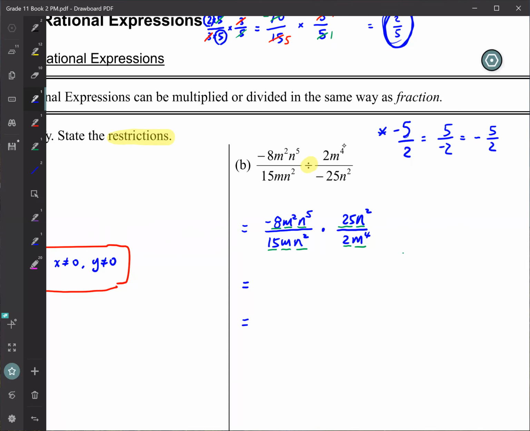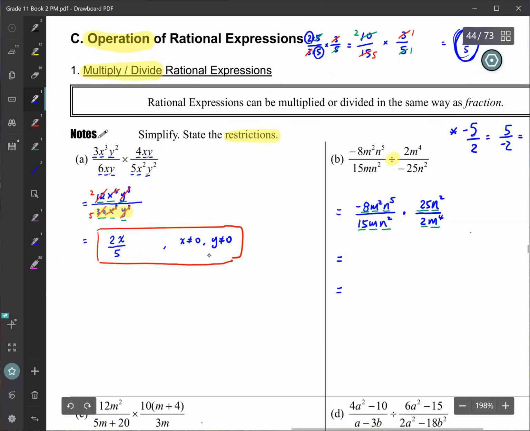You can follow the steps for question A. Multiply it out first, multiply together, and then cancel the factors that are the same. Okay, we have 7 people finished now.